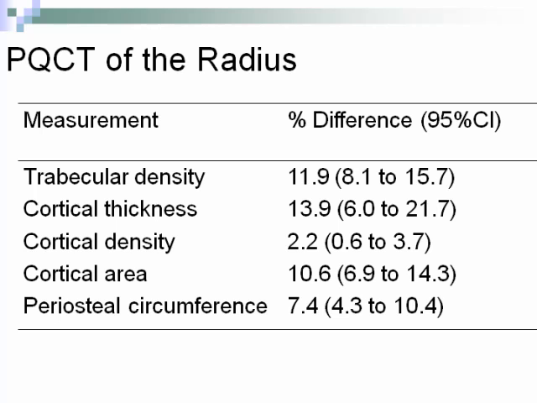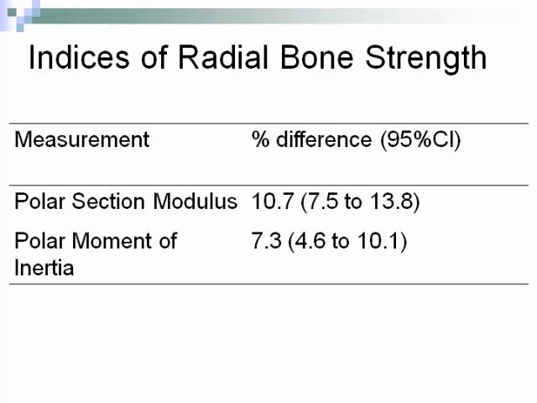I won't spend a lot of time on this other than to say that if we looked at bone geometry, there was an increase in trabecular density, cortical thickness, cortical density, cortical area, and periosteal circumference at the radius, so they all improved. And if we looked at bone strength by looking at polar section modulus and polar moment of inertia, they were increased at the radius as well.